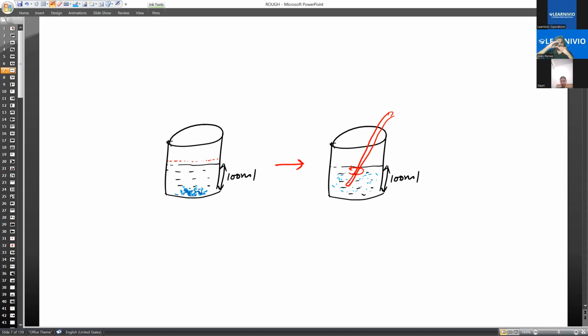But when the sugar goes into the intermolecular space of water, then what would happen? Can you guess?